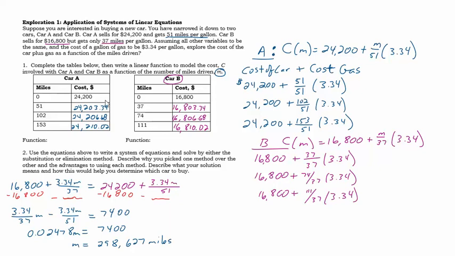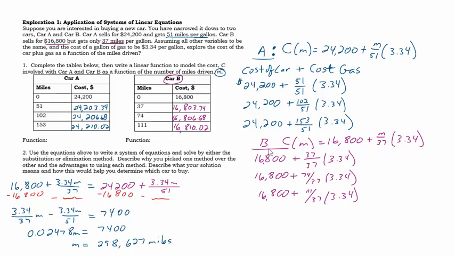Well, if you bought the more expensive car, you're going to be paying more for that car than you would have for the less expensive car until you hit almost 300,000 miles. Okay, so if cost is your only concern here, then the cheaper car would be the better deal.